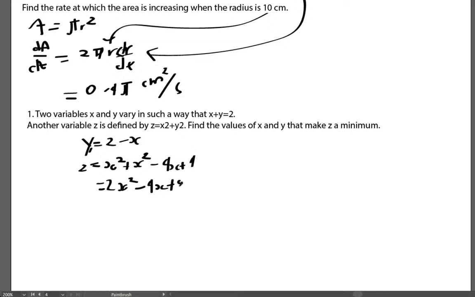This would be z, and so the change of z over x, dz/dx, would equal 4x minus 4 when you take the derivative. And I can see that this is going to be a minimum.